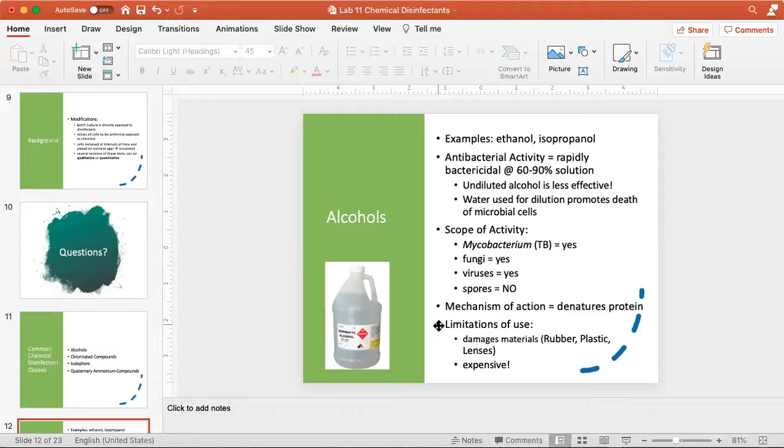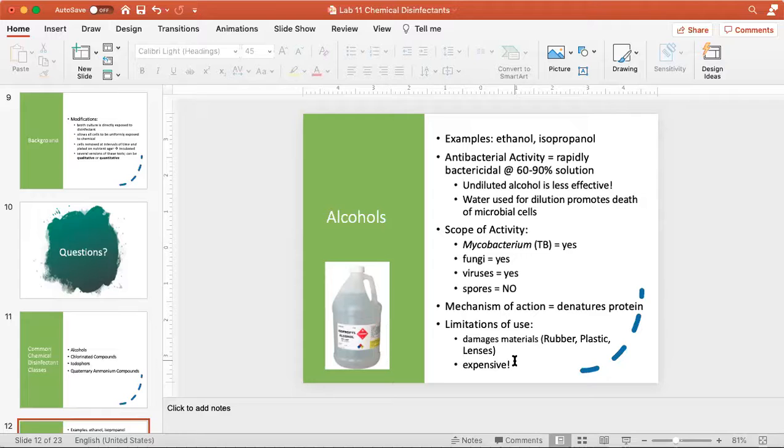Now, alcohol has limitations like all disinfectants do. The primary problem with alcohol is this: it can damage material over time, specifically rubber, plastic, and certain kinds of lenses. So if you were to disinfect, for example, a rubber tube to a piece of equipment in your hospital, or some kind of plastic surface over and over and over again with alcohol, that material is going to degrade over time and it's going to have to be replaced.